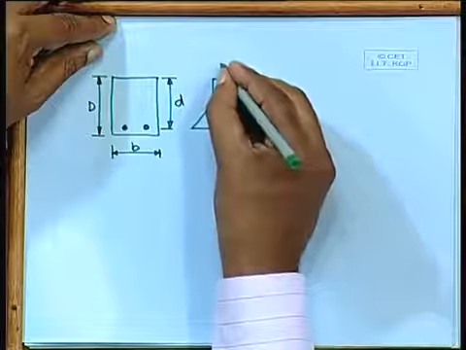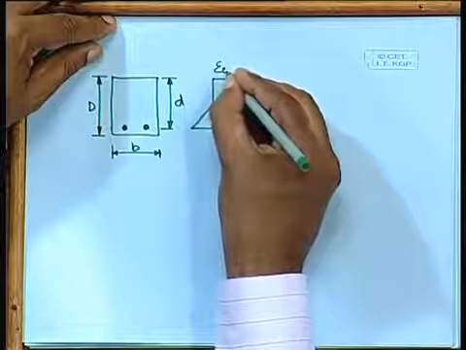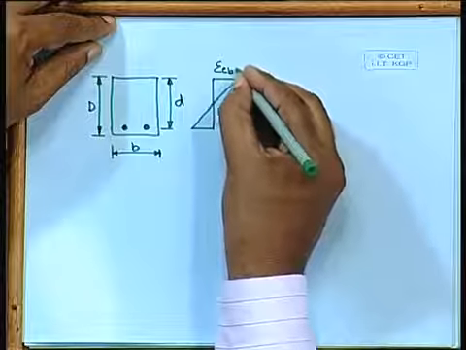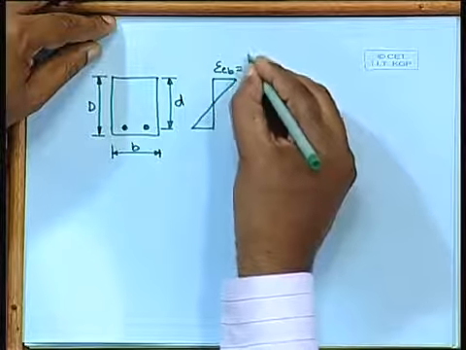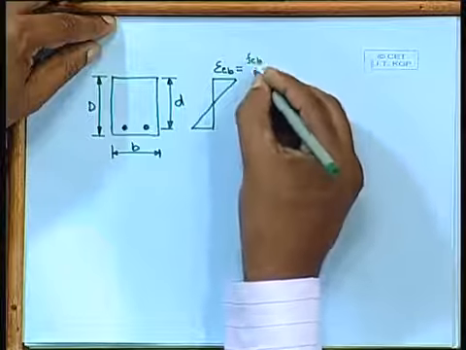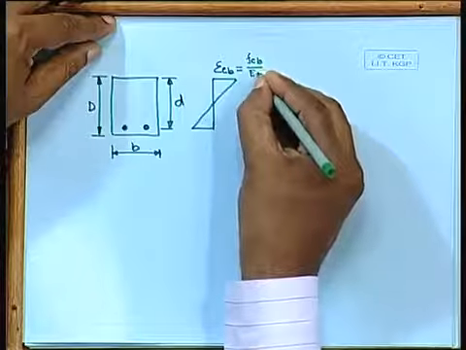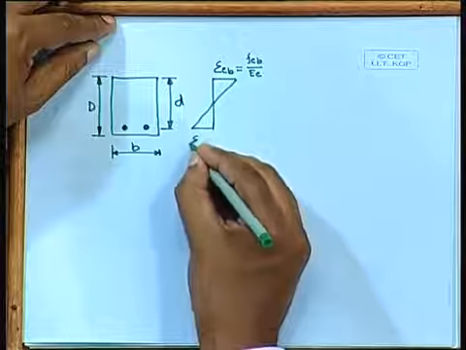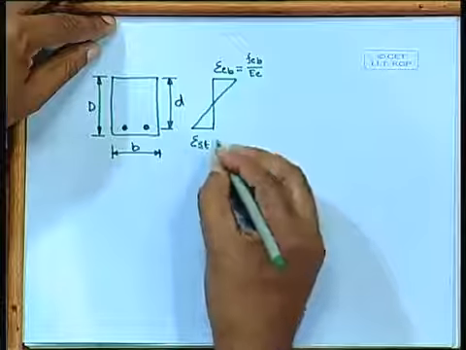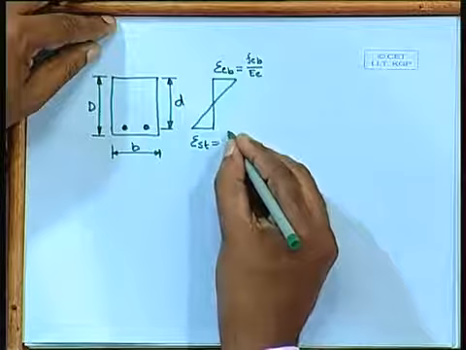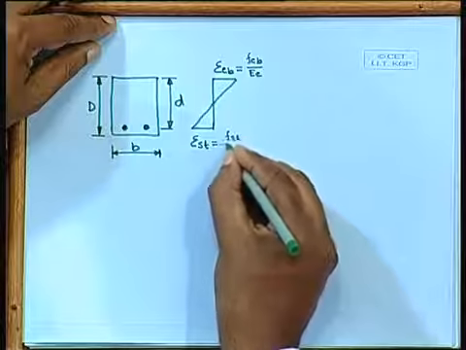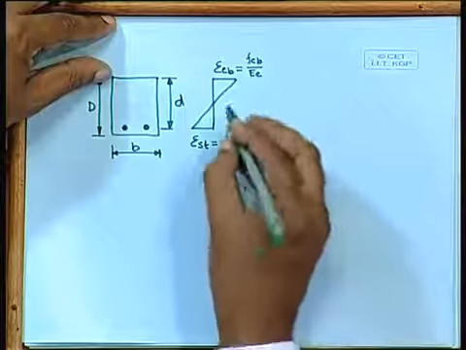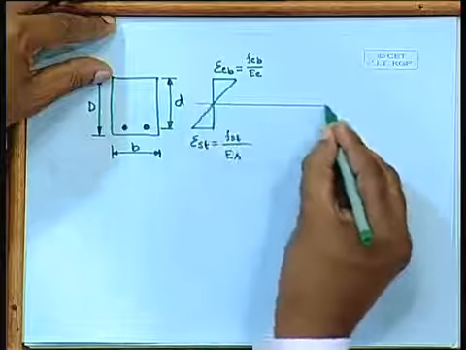So epsilon CB is the strain in concrete in bending, that is stress divided by modulus of elasticity, and epsilon ST is the strain in steel, FST divided by ES. This is our neutral axis.